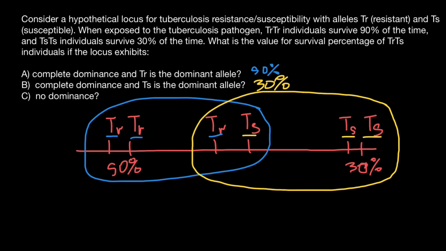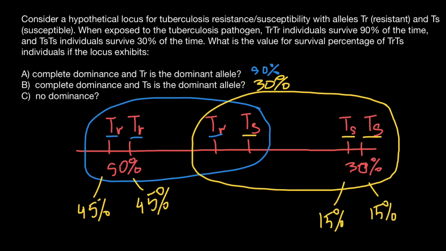The last question, if there is no dominance. If there is no dominance, this genotype is 90% resistant. That means that the input of each allele is 45%. So we consider this trait as a quantitative trait, and in this case each allele here would give 15% of resistance.